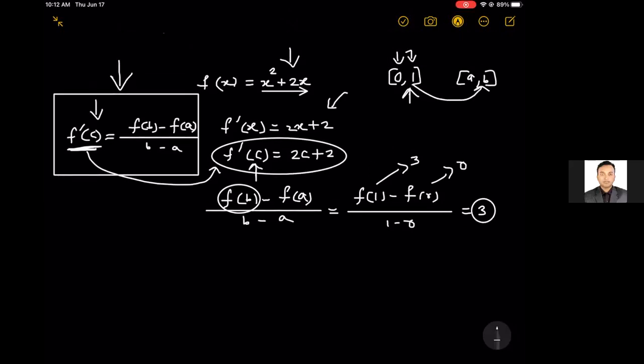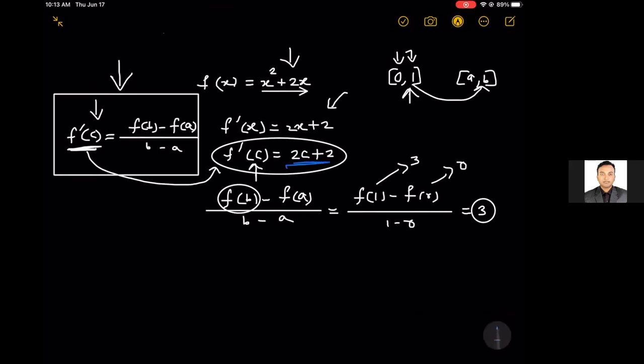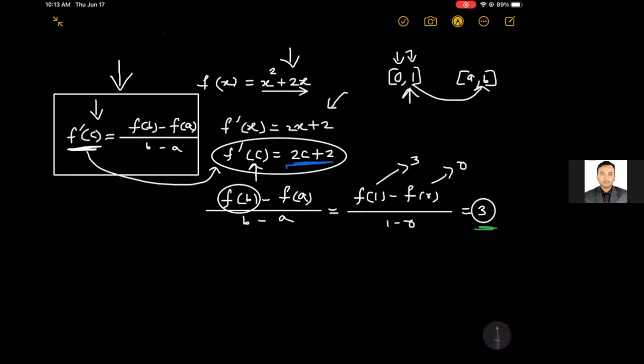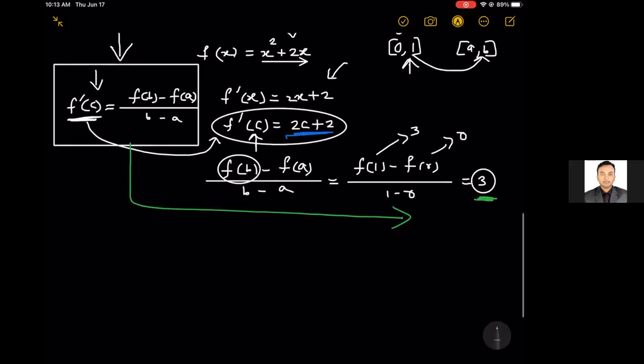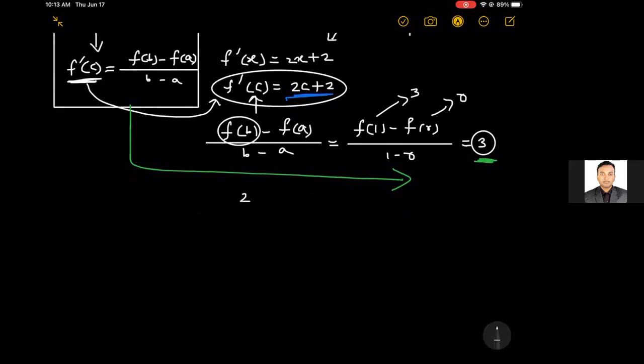Okay, now we are almost done. We know that this left-hand side and this right-hand side are equal, right? Using this MVT, that means mean value theorem. So you can set this equal, that is 2c plus 2 equals 3.